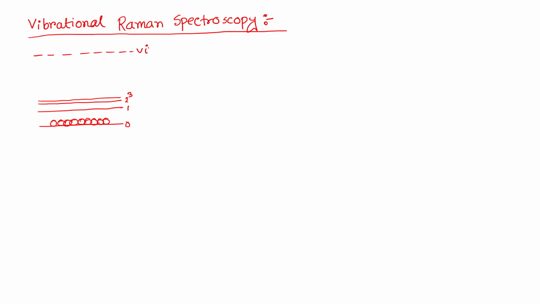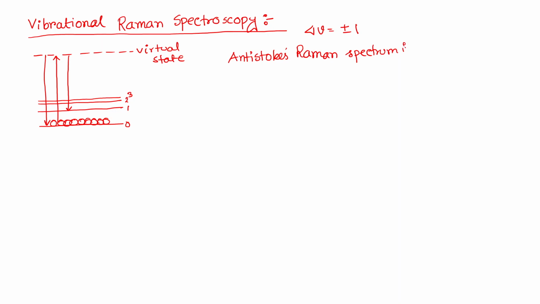So if this is the virtual state and here it is plus minus 1, more often than not we are going to see Rayleigh, so anti-Stokes Raman spectrum is very weak, or you can say less probable, because the scattering is going from V equals 1 to 2.